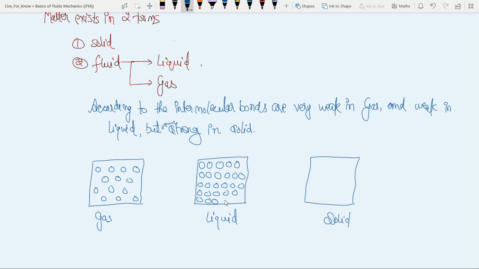They have a more attractive, stronger bond than gas, but in solid they have even stronger bonds.